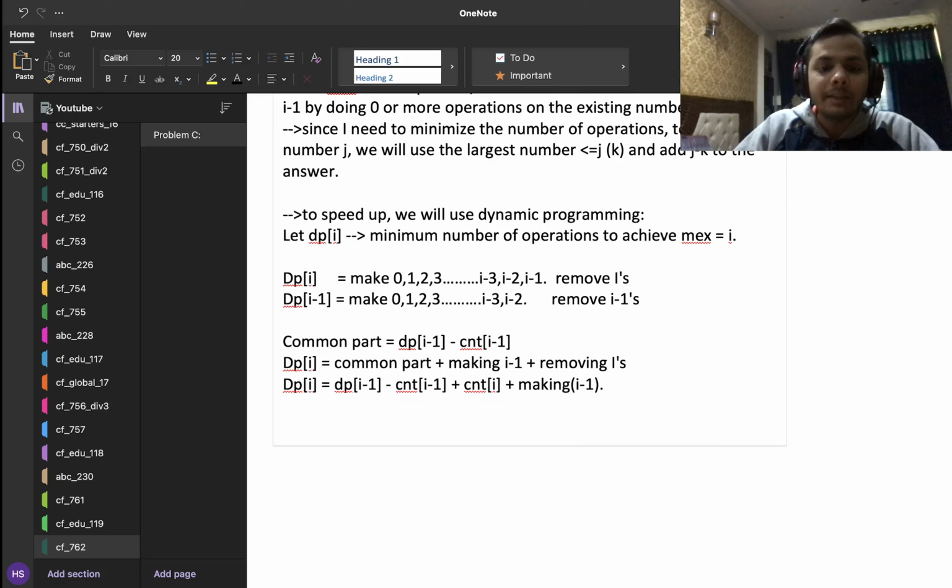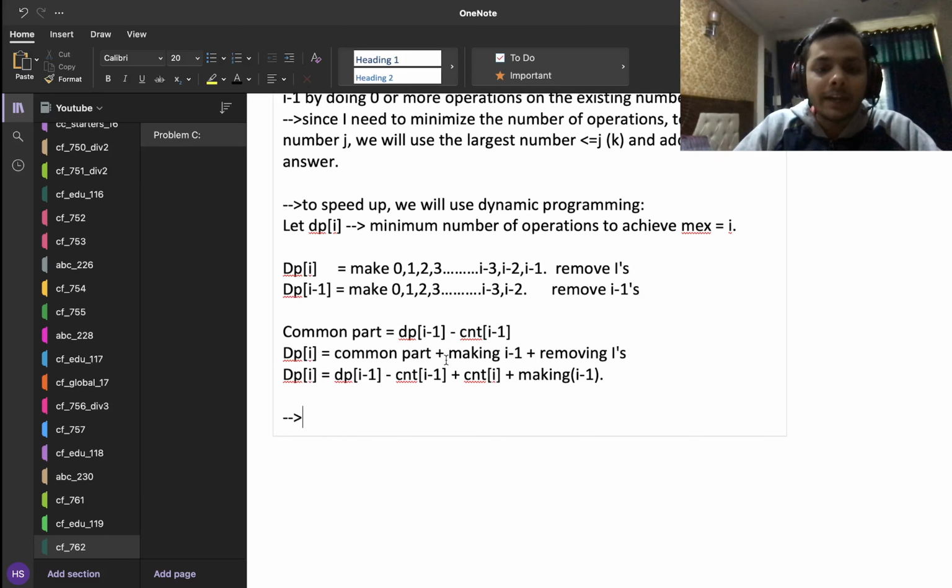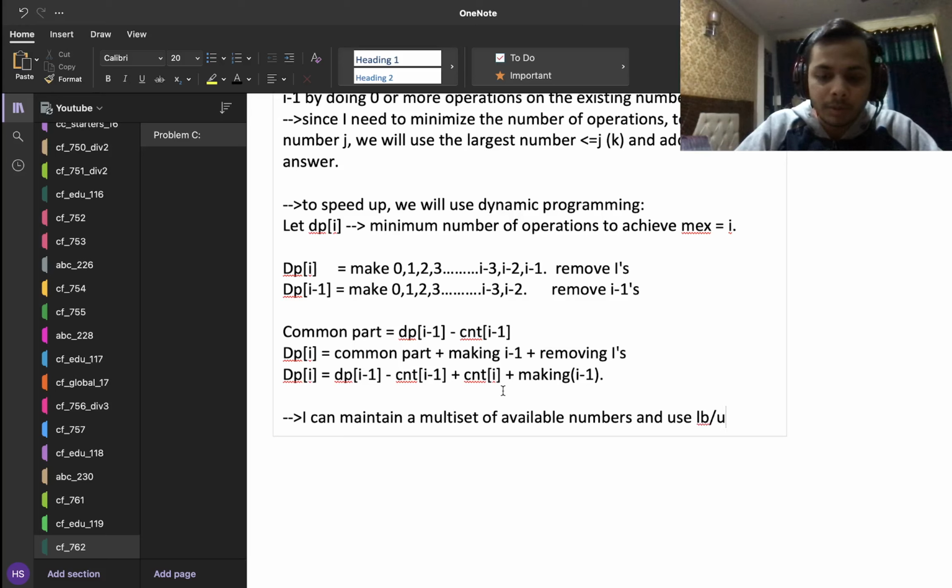So now I have to make i minus 1. And to do that, what I can do is maintain a multiset of available numbers, and use lower bound or maybe upper bound to find the closest available number to i minus 1 which is less than or equal to i minus 1.